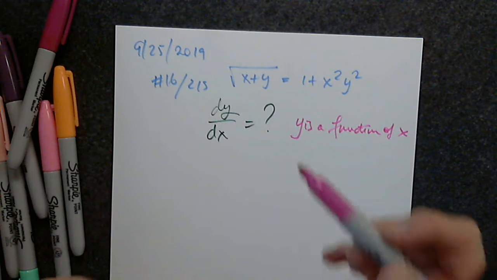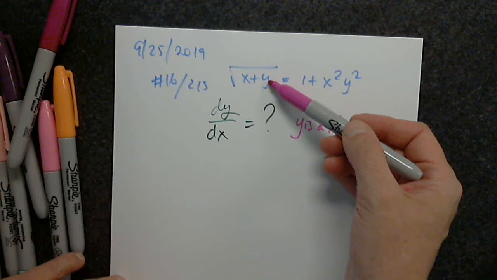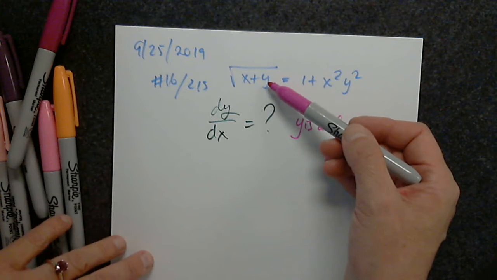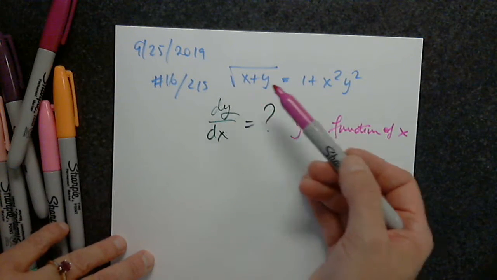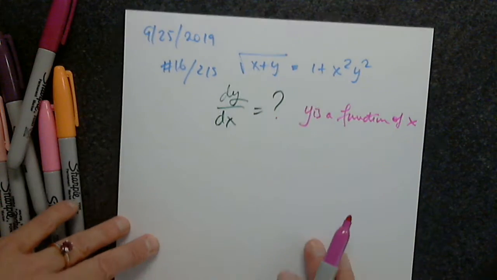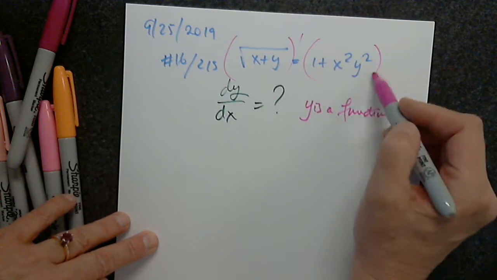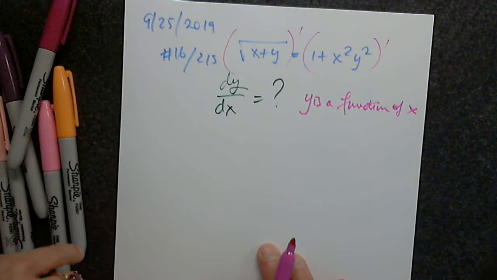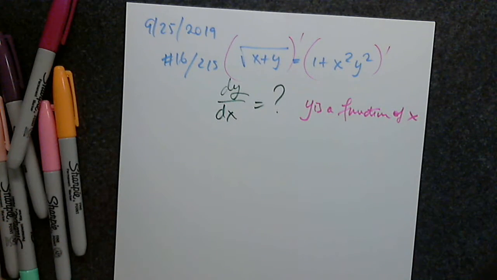Which means that, of course, y is not a constant. Y is not a variable, I meant to say. X is the variable, but y is a function. So I differentiate the left-hand side and I differentiate the right-hand side. Now, when I differentiate a function using the chain rule, what do I have to write on the left-hand side?